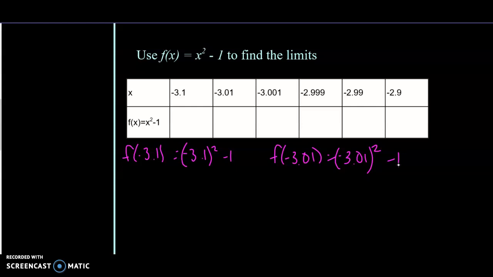And if I put in this first value, I get 8.61. So go ahead and plug in those values into your calculator. This one's 8.06.